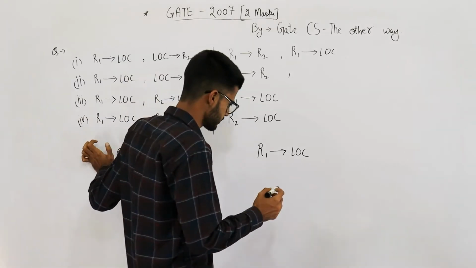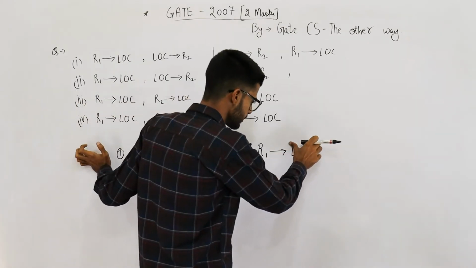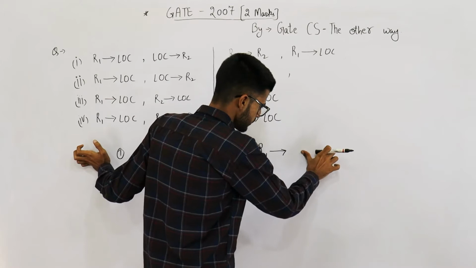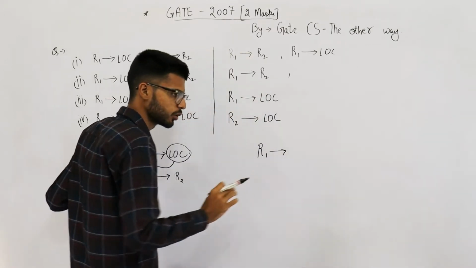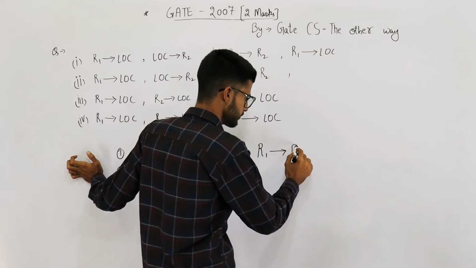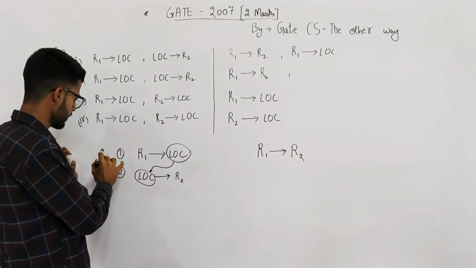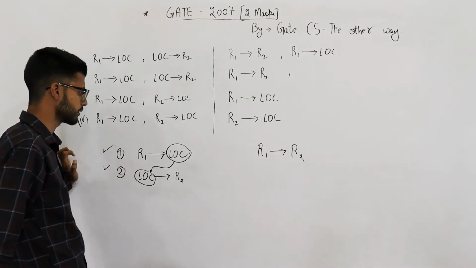So what's a better solution to run these two lines in parallel? What we can do is simply just bypass copying into memory. What I mean is simply just copy R1's data into R2. So that way we can run these two lines in parallel.